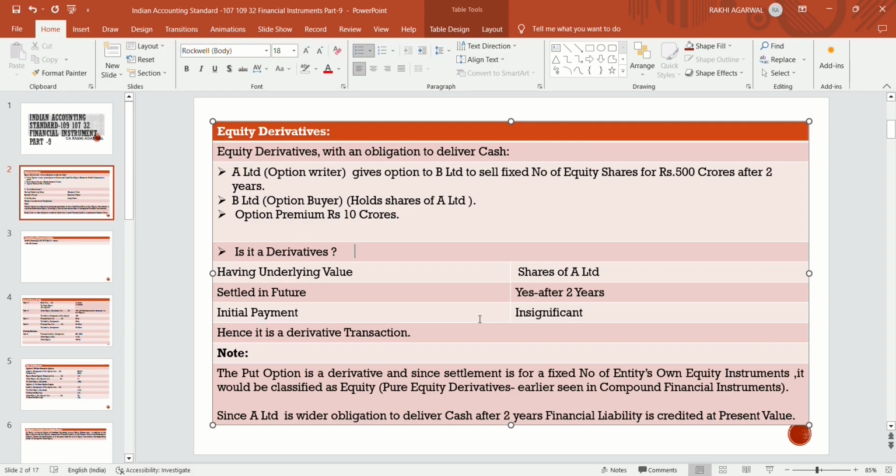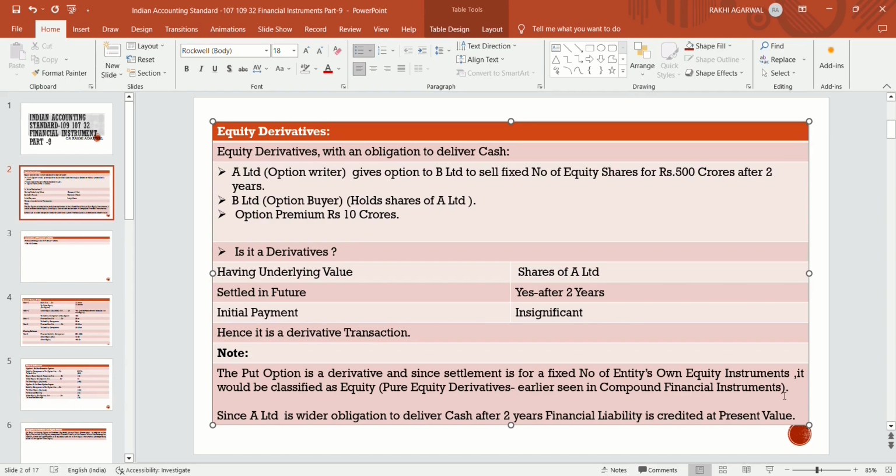Settlement takes place after 2 years, and initially B Limited is required to pay an option premium to A Limited. The option premium is rupees 10 crore. Since the consideration is 500 crores, 10 crores is an insignificant amount because it is even less than 5%.